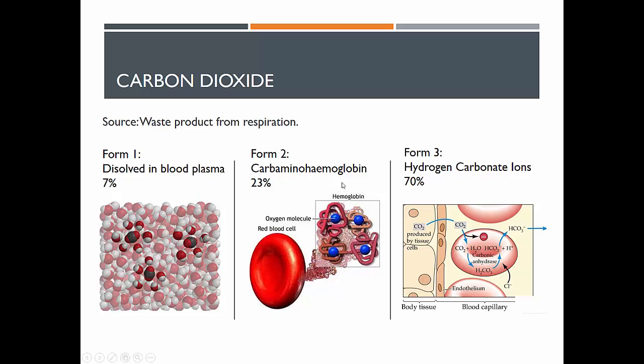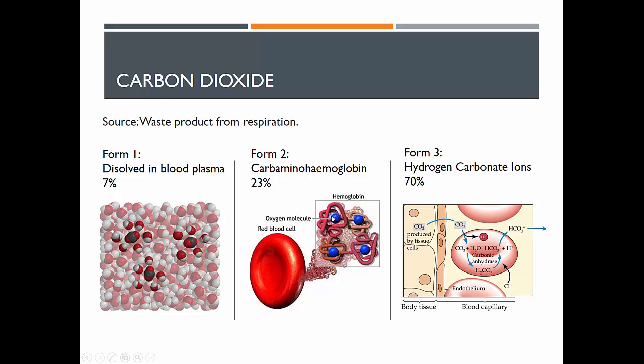Form 2 is probably one of my favourite biological terms. It's carbaminohemoglobin. It's a great word to say. So we know that hemoglobin, you would have heard of the term hemoglobin before. This is the American spelling of it, by the way. There's generally an A over here. It's a big protein in our red blood cells, and it carries oxygen.